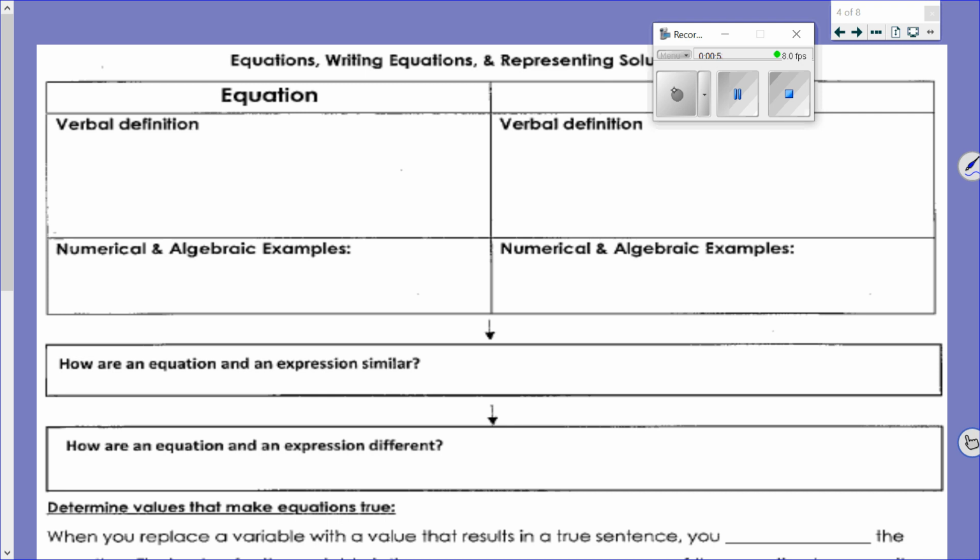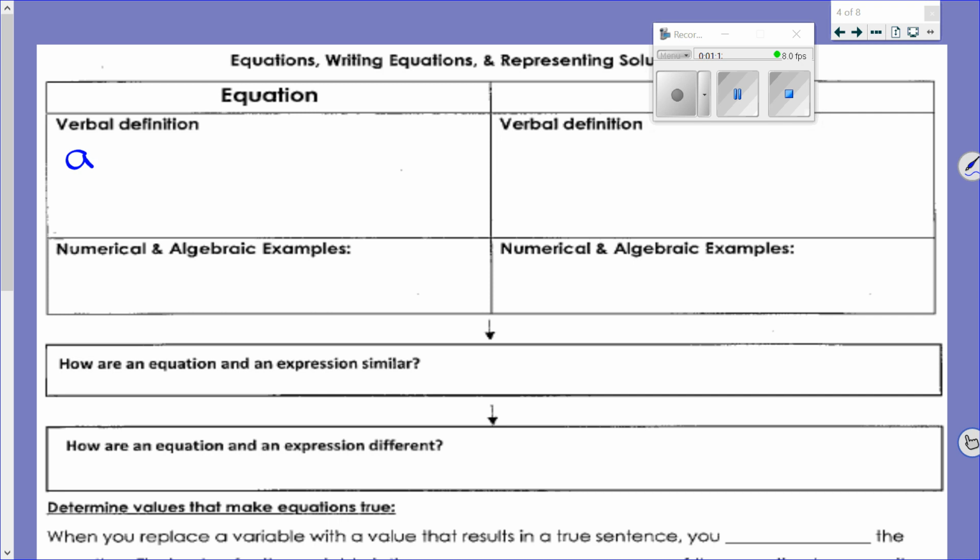What is an equation? What is the verbal definition of an equation? Devin? An equation is a math problem including any amount of terms with an equal sign. Good. I like most of it. I'm going to cut it down a little bit.